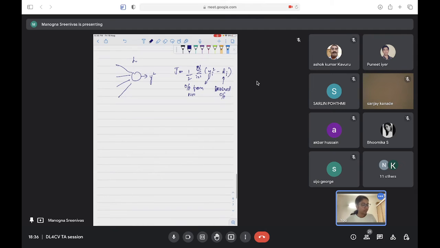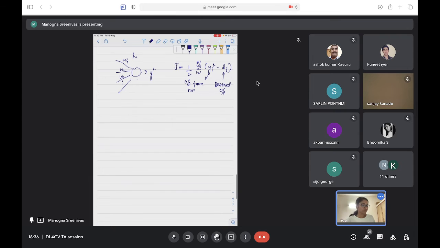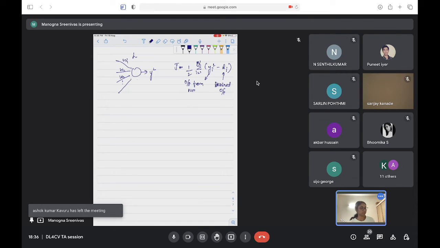Now I know this is my error at the last layer, right? So I would want to update these weights based on the error at my final output layer, right?